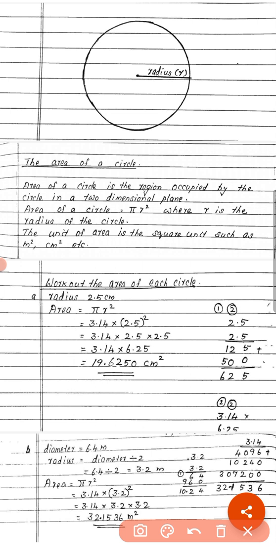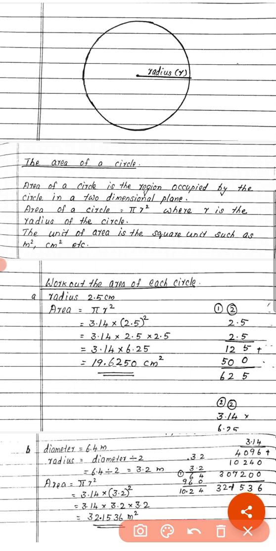The unit of area is the square unit, such as meter square or centimeter square. We can use other units also, but the common units are meter square and centimeter square. If the radius is in meter, we use meter square. If the radius is in centimeter, we use centimeter square.